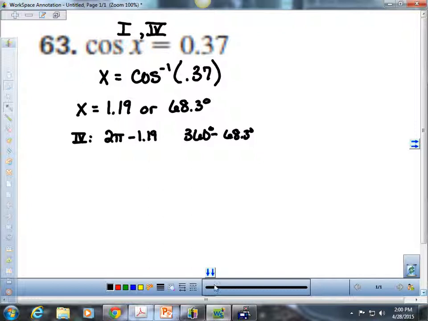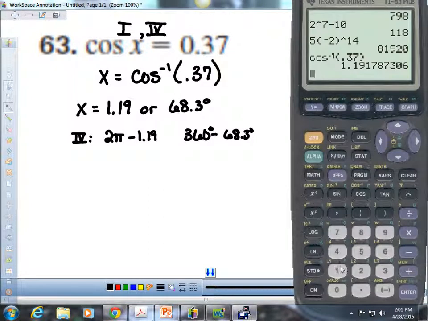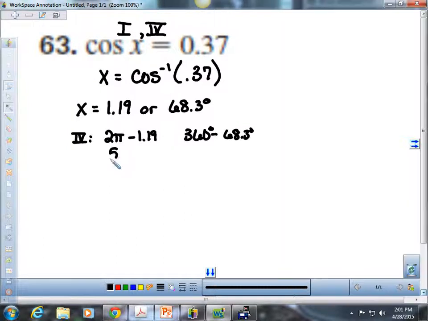So I'm going to go 2 pi minus the second answer, and you guys are going to go 360 minus the second answer. I get 5.09. And what did you guys get to the nearest tenth again? 321.7? No, 291.7. Okay.